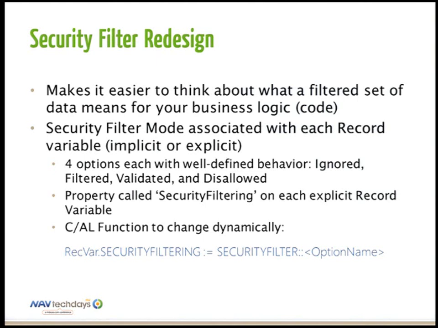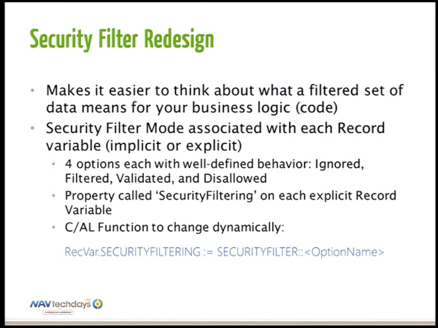To do that, we have enhanced the options for security filtering. Before you had what we call filtered and validated. Now we added two new modes called ignored and disallowed.